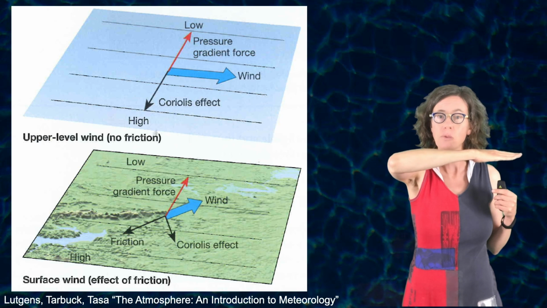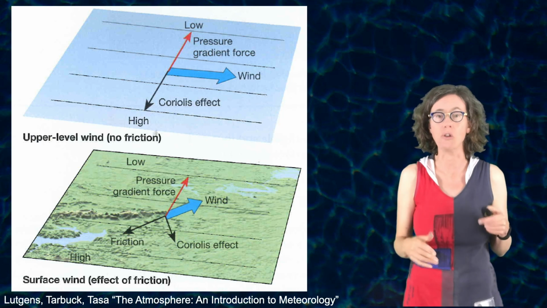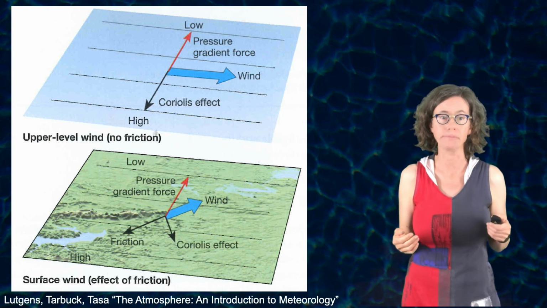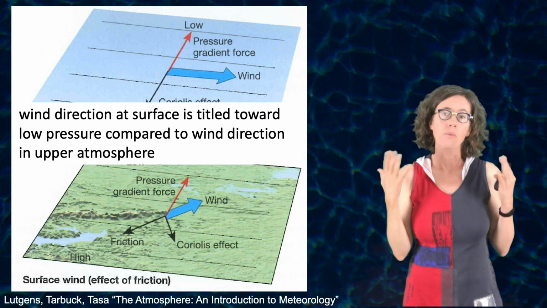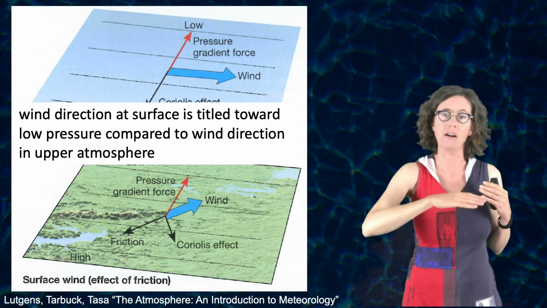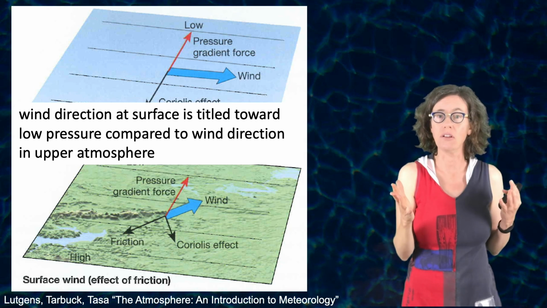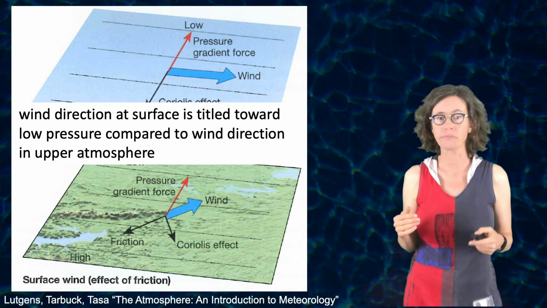So if it was this way, now it's tilted a little bit more, a little bit upward here towards the north, because the low pressure is in the north in this particular example. Okay, so what you want to think about is first figure out the wind direction in the upper atmosphere, and then just tilt your arrow a little bit towards the low pressure zone.